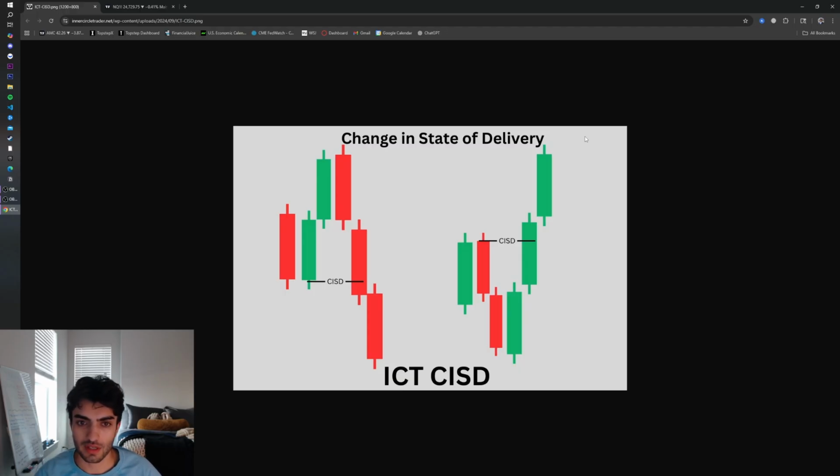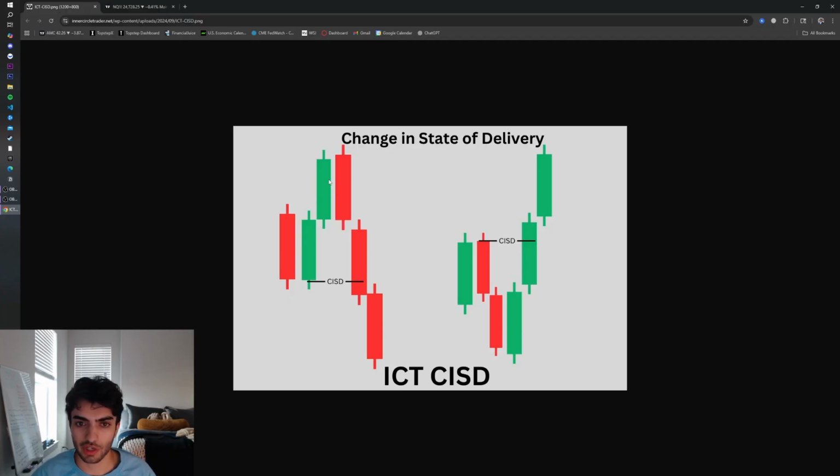Essentially what it is, you'll have a leg up. So you see this down close candle, you'll have a leg up followed by a reversal, and that reversal is when price closes below the candles that were made to make that leg up, changing the state of delivery. So while price may have looked bullish here, imagine you don't know these three candles are going to happen.